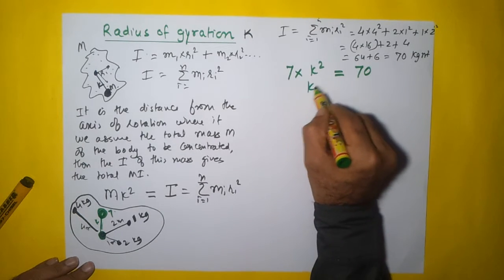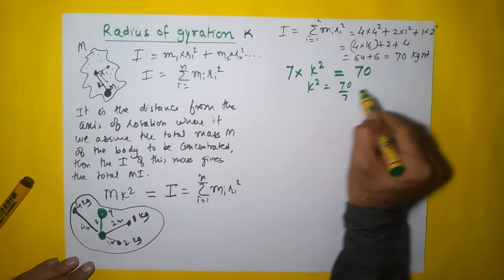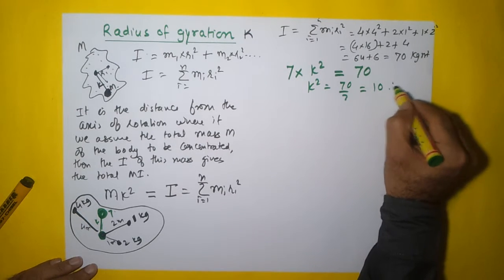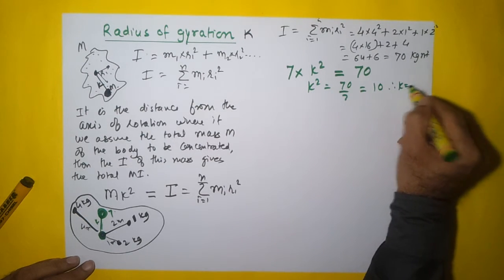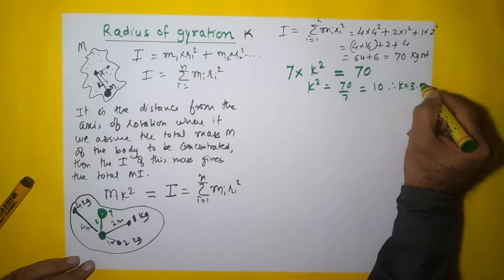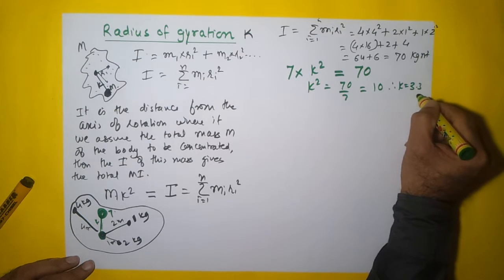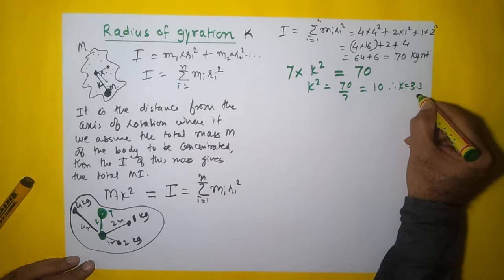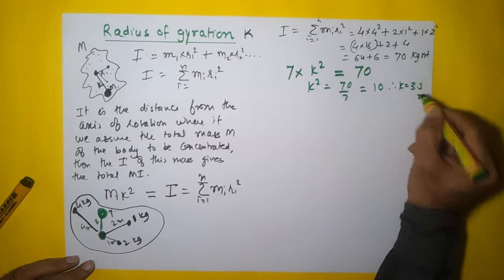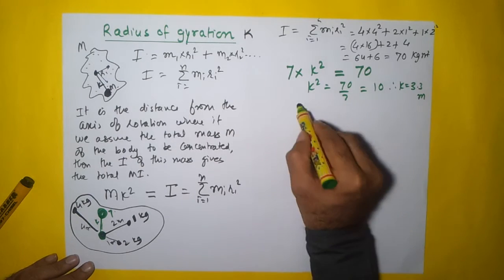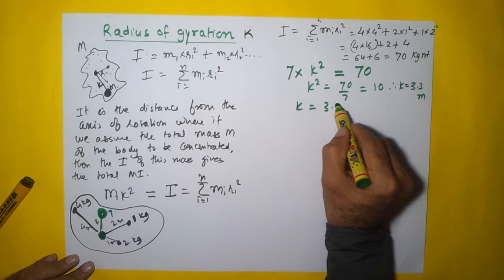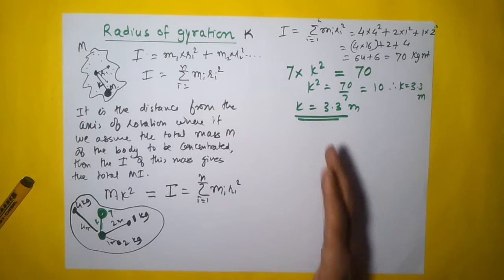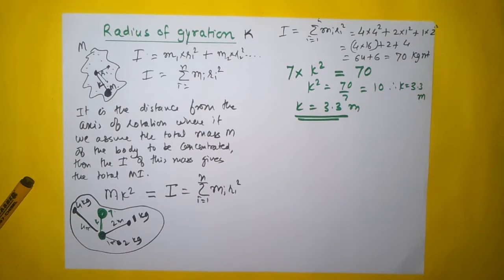So k square is equal to 70 upon 7, which gives 10. So k square is 10, and k is the square root of 10, something around 3.3 meter. We don't want to get into the exact value, but the radius of gyration of this body is approximately 3.3 meter. This is how we calculate the radius of gyration of a body.